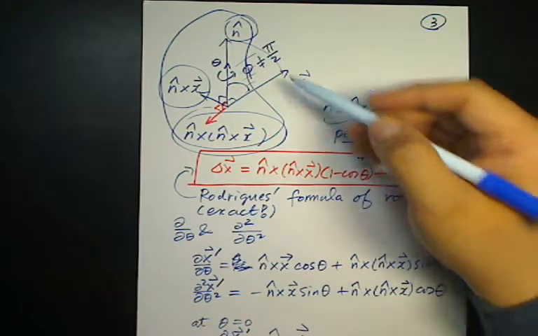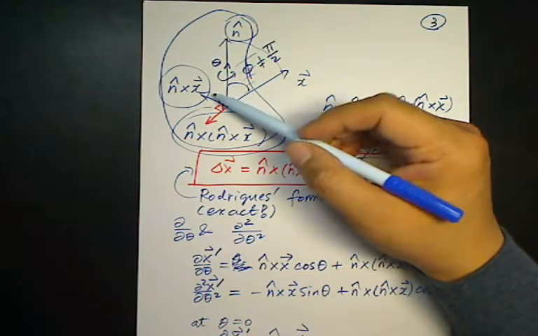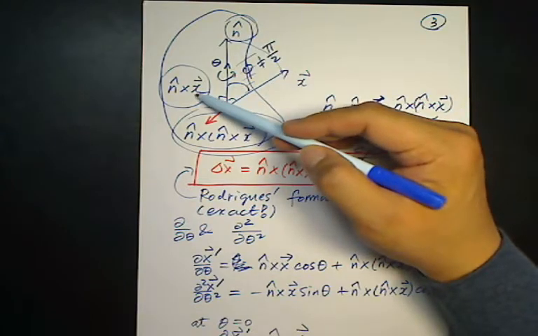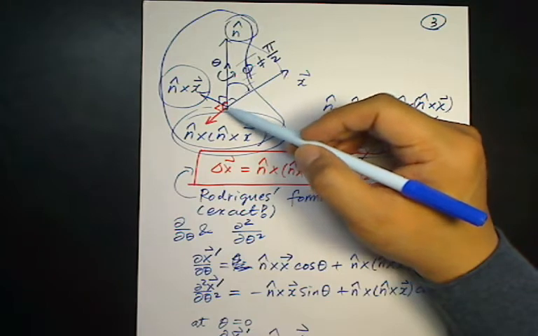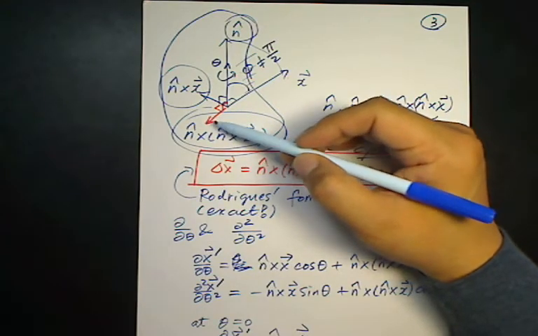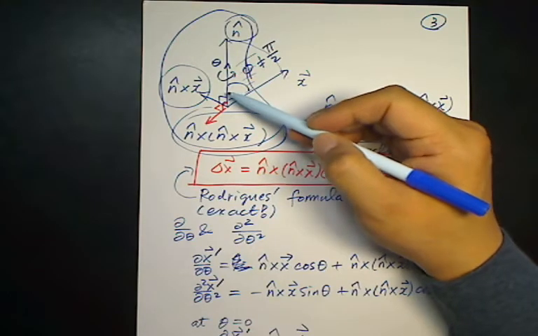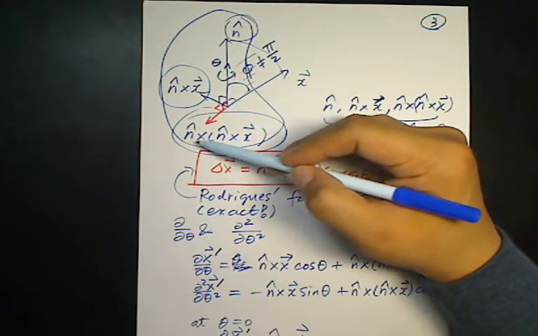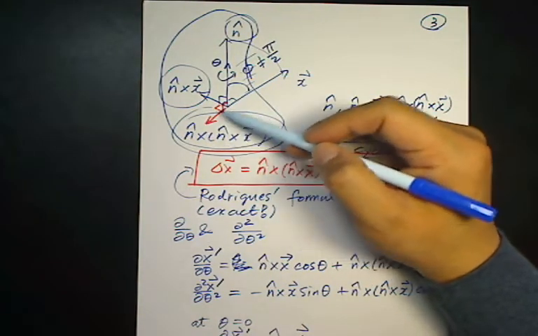And then we have another vector that is perpendicular to both this and this axis. So, the opposite direction of the x-axis is needed, so we take the cross product n cross x to find the perpendicular component.